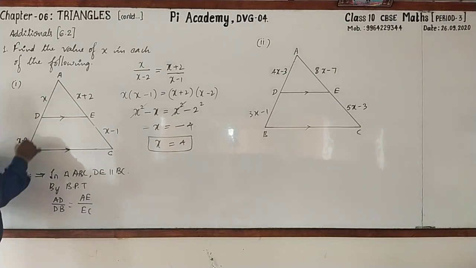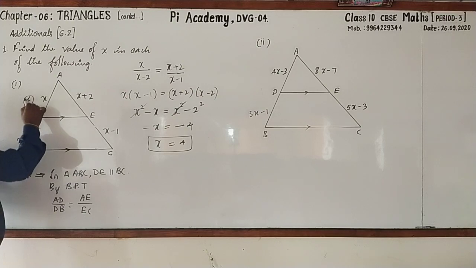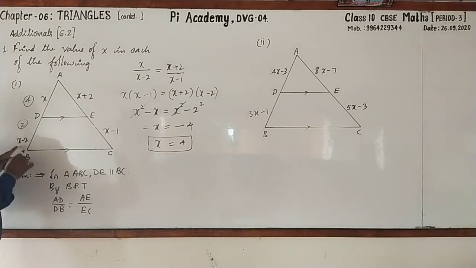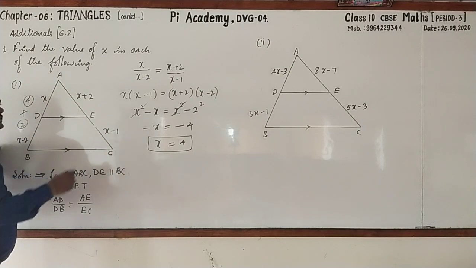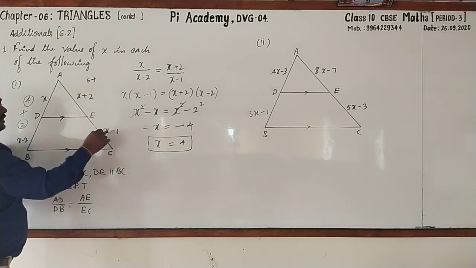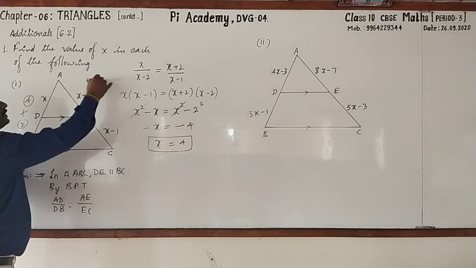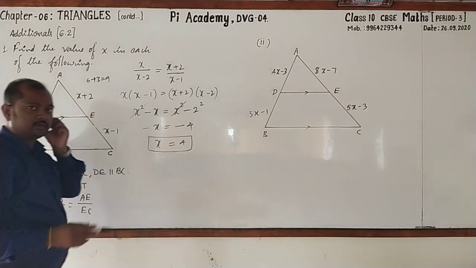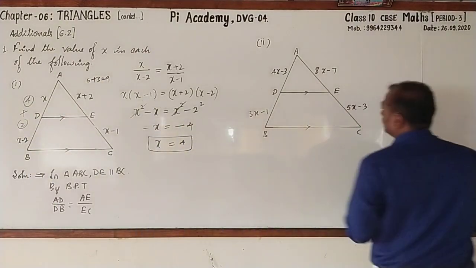It is AD plus DB. AD is 4 and DB is 4 minus 2, so 4 plus 2, it will be 6. Similarly, AC is 4 plus 2, 6, plus 4 minus 1, 3. This will be equal to 9. Clear? Okay.